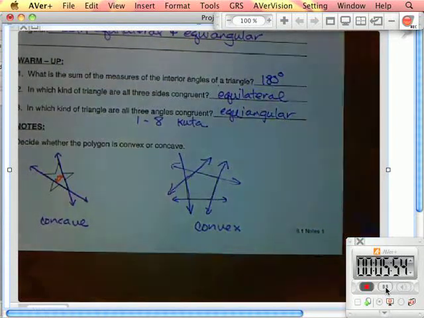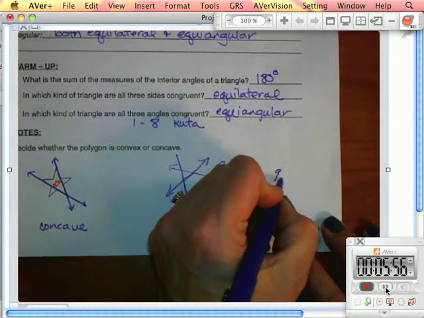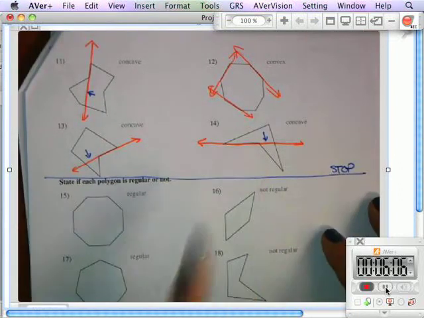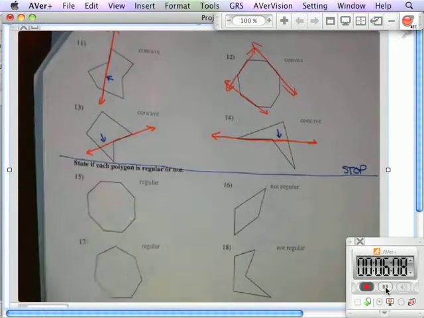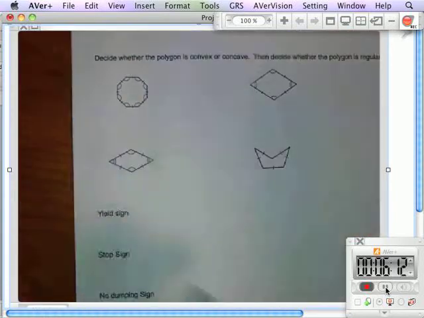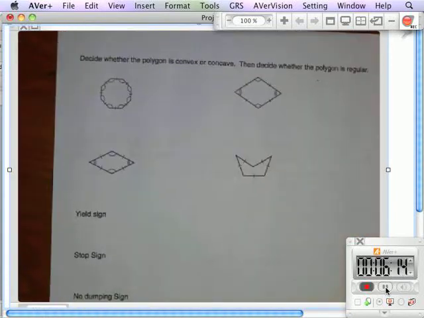Same idea, 9 through 14. Practice this convex versus concave. Do the exact same thing on those shapes. Do you agree? Okay, cool. Turn it over. Let's combine. We're going to talk about whether it's concave or convex and whether it's a regular polygon.